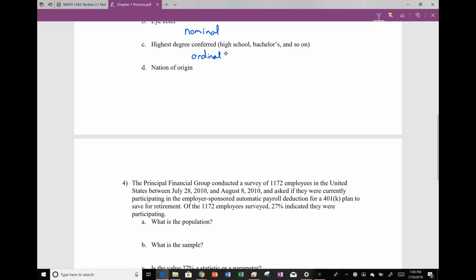We may have a preferred nation of origin or nationality with the highest frequency, those types of things, but there is no natural order, because if you go from the United States to Germany, they're going to prefer one nation of origin over another compared to the US. And therefore, since there is no consensus on which nation of origin is higher than the other nation of origin across the world, this is going to be considered nominal.